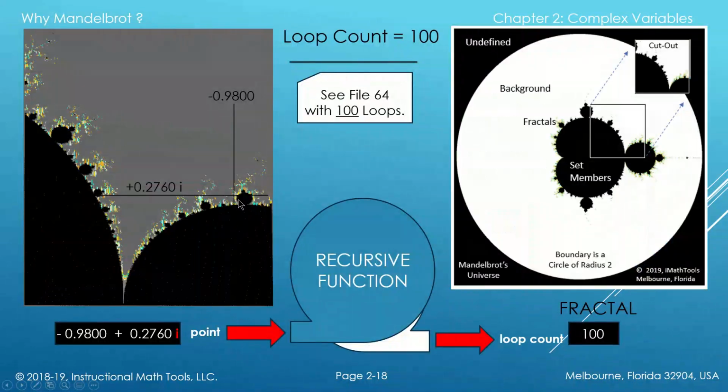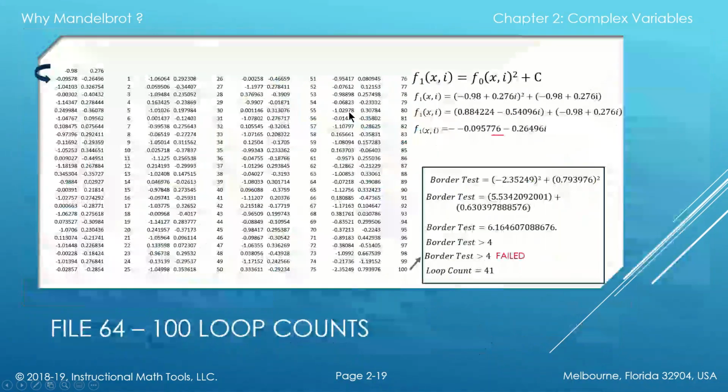This time we're into the fractals. We're not into the body yet, but we've moved down the little nodule here. We fed that into the recursive function, came up with a 100 loop count. We're going to go to the runtime and see what that looks like. Here's our C up here, and since it's getting a little crowded over here, it's going to 50 and 75.